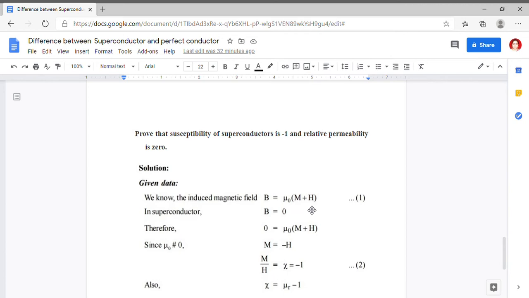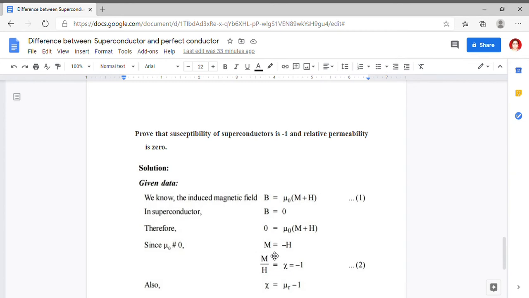Here, for a superconductor, as we have already discussed, inside the material, magnetic field will be 0. This is Meissner effect. So, substituting B to be 0, I get M to be equal to minus H, because mu0, which is permeability in vacuum, cannot be 0.